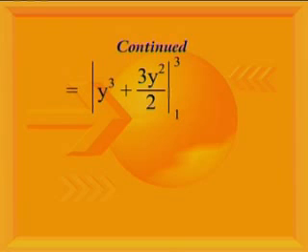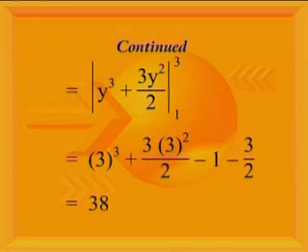We substitute these limits, first of all y is equal to 3 and then y is equal to 1, as you know. So we get (3 raised to power 3 plus 3 into 3 raised to power 2) divided by 2, minus (1 plus 3)/2, which after calculation is equal to 38.